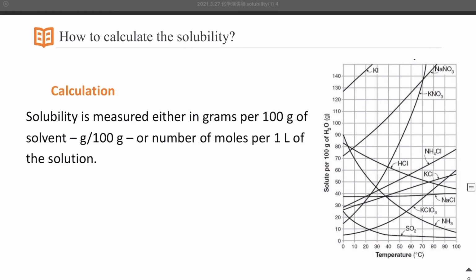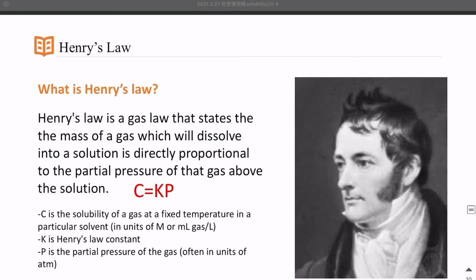So for the next part, let's talk about how to calculate the solubility. Solubility is measured either in gram per 100 gram of solvent or number of mole per 1 liter of the solution. Before we do the calculation problem, let's talk about what is Henry's law. Henry's law is a gas law that states the mass of a gas which will dissolve into a solution is directly proportional to the partial pressure of that gas above the solution.